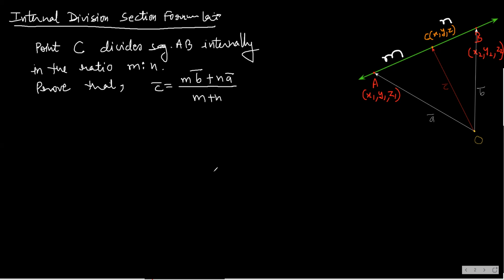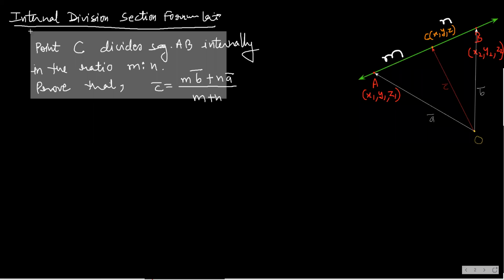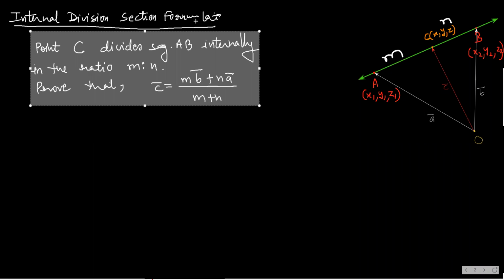Here C bar is the position vector of point C. We will prove this. This is the statement of the theorem, and the proof will start from here.